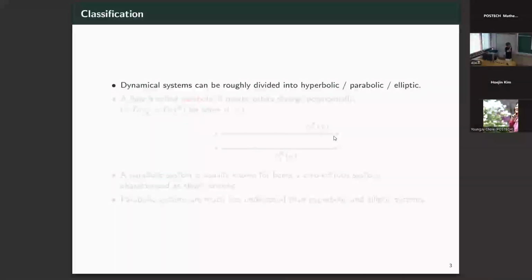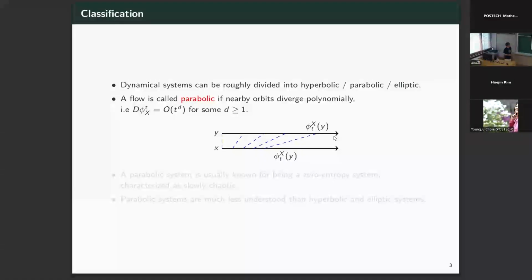Roughly speaking, dynamical systems can be divided into three types: hyperbolic, parabolic, and elliptic. If you think of a matrix, it is the analysis of the eigenvalues. I'm interested in the parabolic case. Parabolic means that if your matrix is not diagonalizable, it has eigenvalue 1 and also an off-diagonal entry, but the eigenvalue is 1. One characteristic of parabolic systems is polynomial divergence.